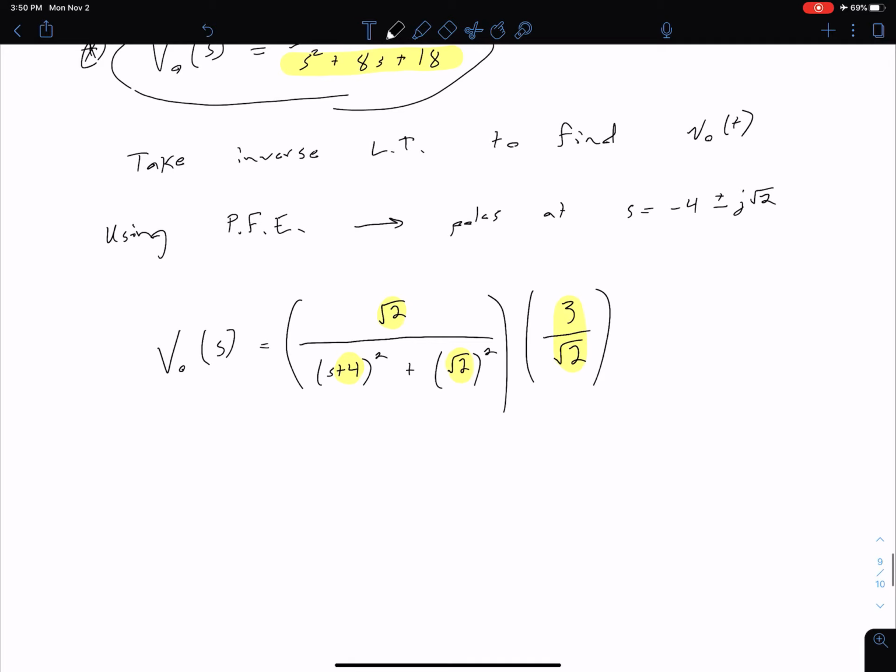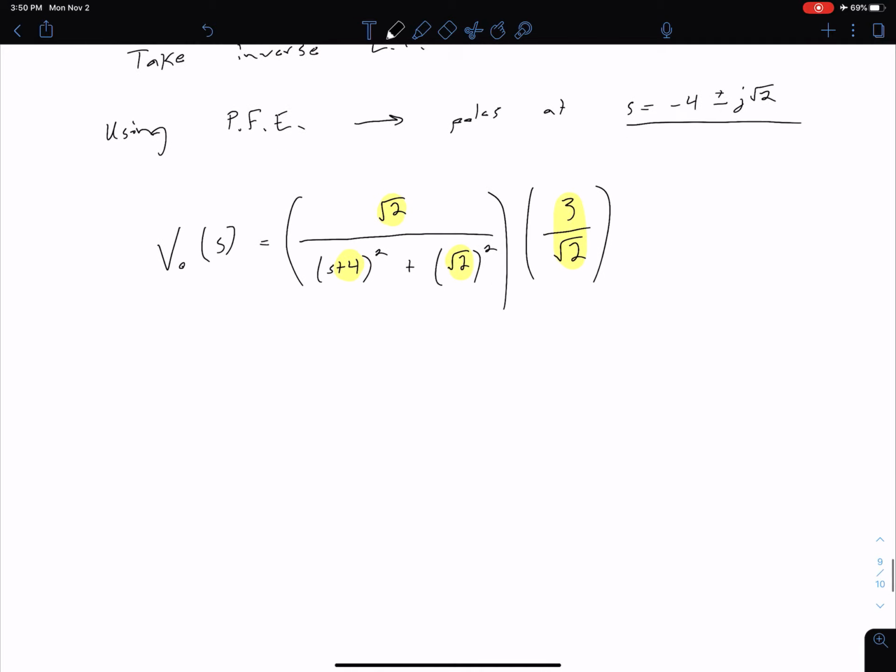So instead of going through that case 3 and using our residue method with these poles, if we rearrange it to this form, we can just transform by inspection using known pairs. We can say then that our V out of t is equal to that constant term, which is 3 over root 2, times e to the minus 4t, that's from our frequency shift, times sine of root 2 t, and that's going to be in units of volts.